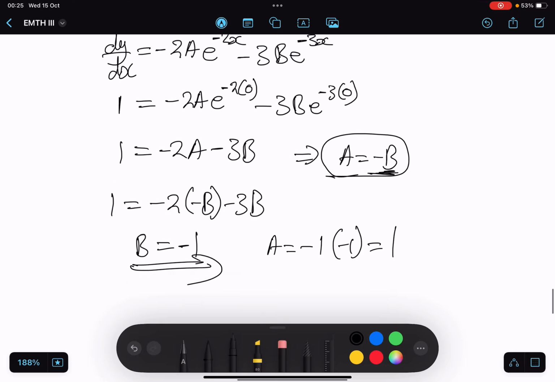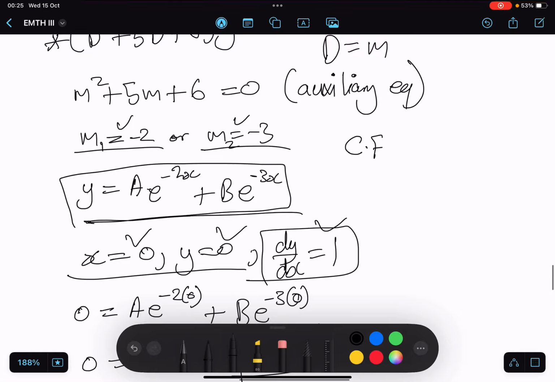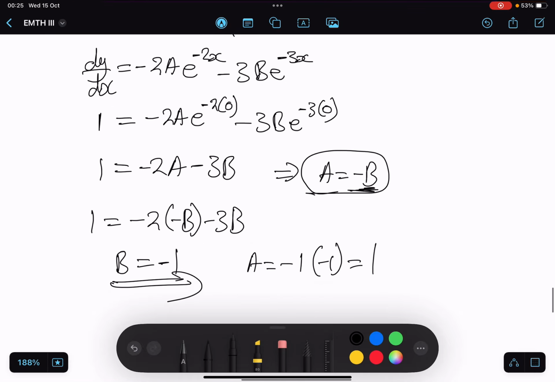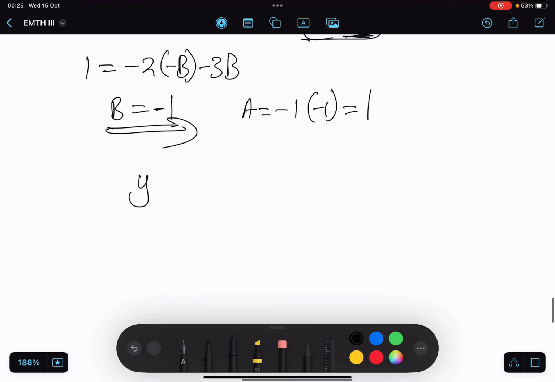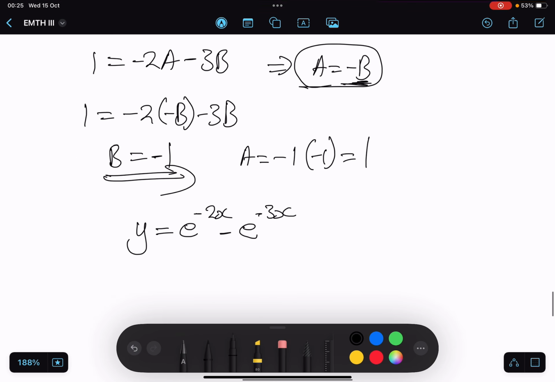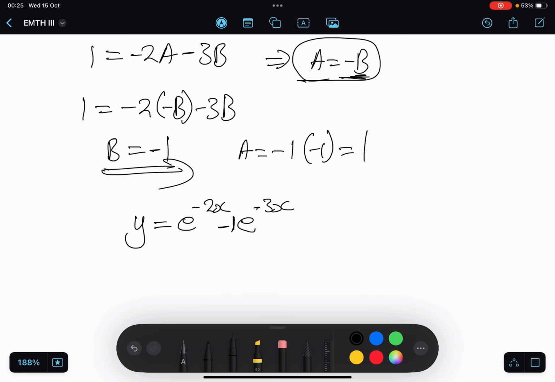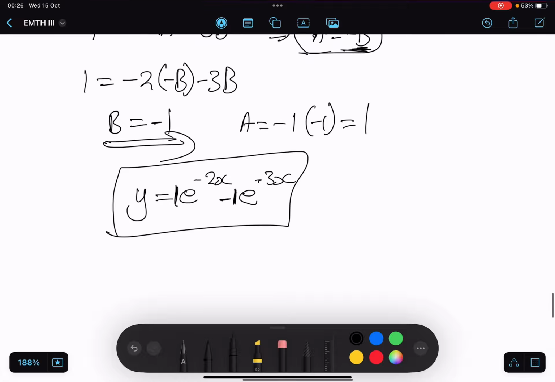From here we can rewrite our function to be y = e^(-2x) - e^(-3x). Remember, a is 1 here and b is -1. So this is our function, the particular solution for this question.